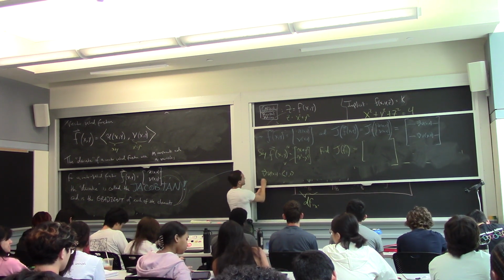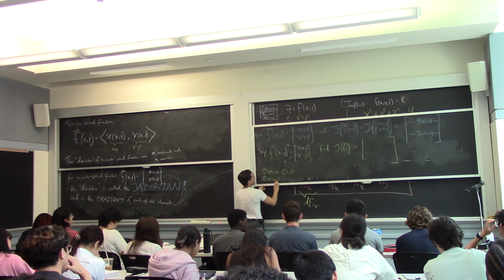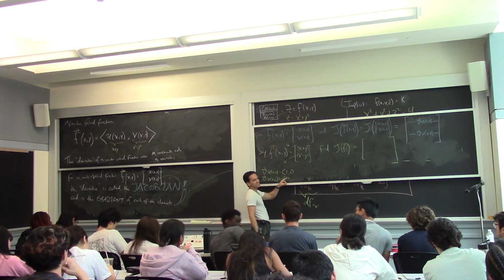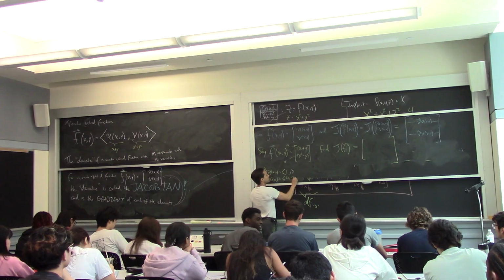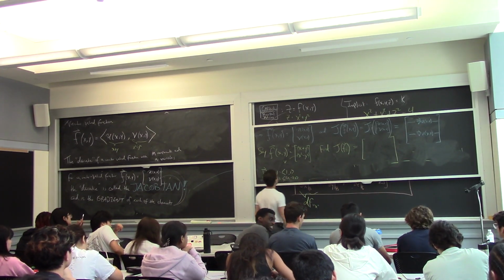What is the gradient of v with respect to x, y? 2x, almost, and there's one thing to fix. 2x, minus 2y.